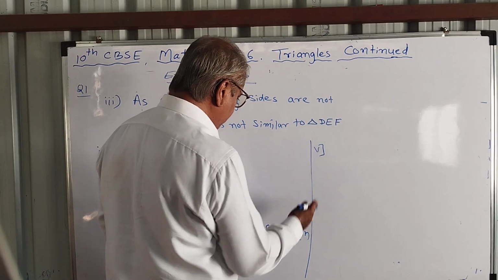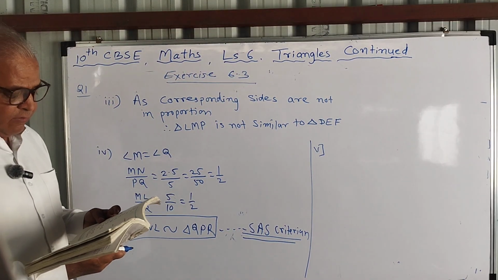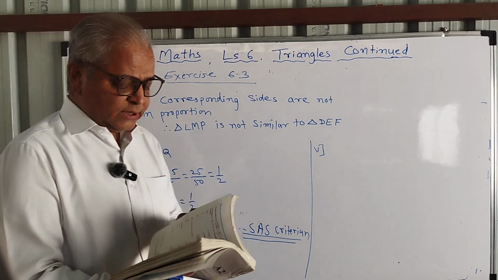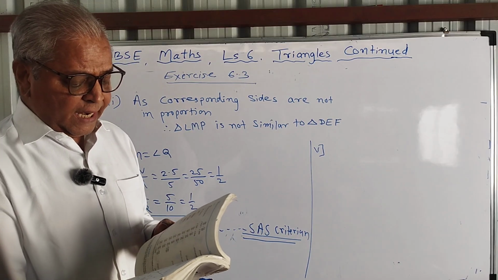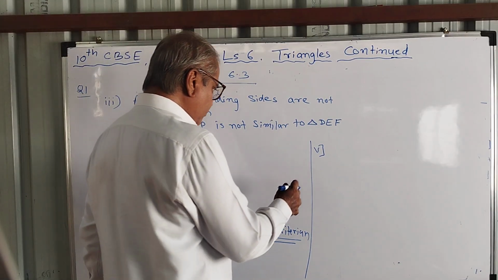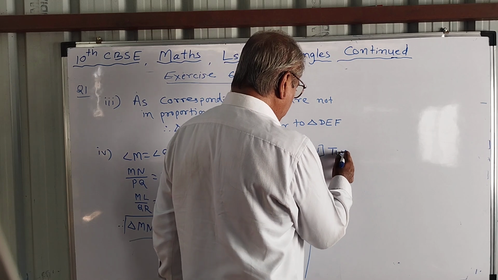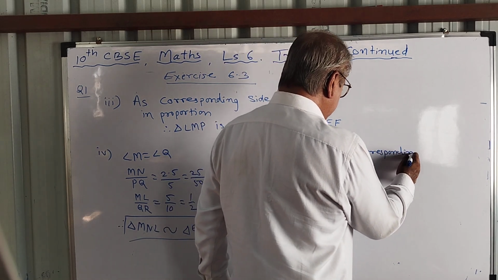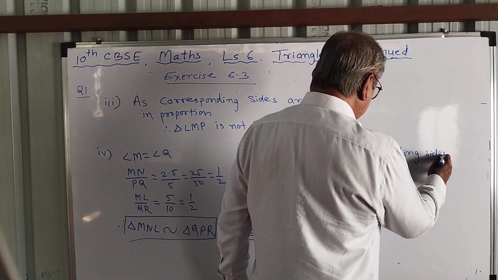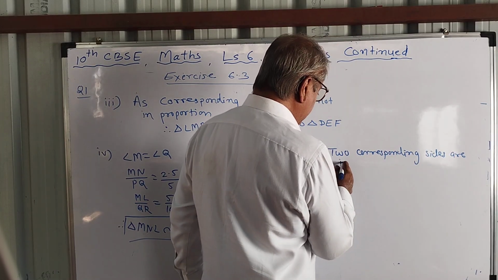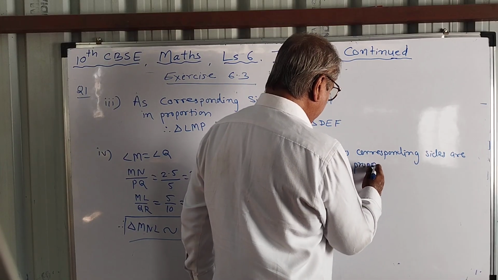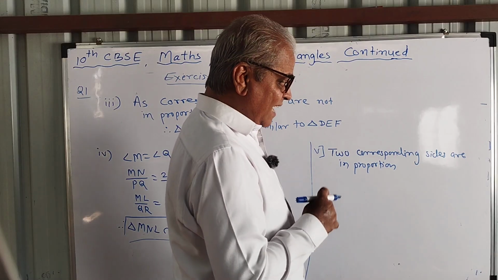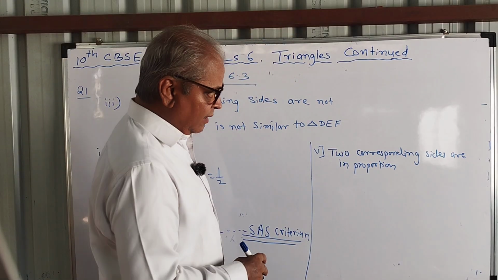Sub question number 5. Again we can see here two corresponding sides are in proportion, but the included angle is not congruent. Information is regarding two sides and one angle, but that angle is congruent, but it is not the included angle.